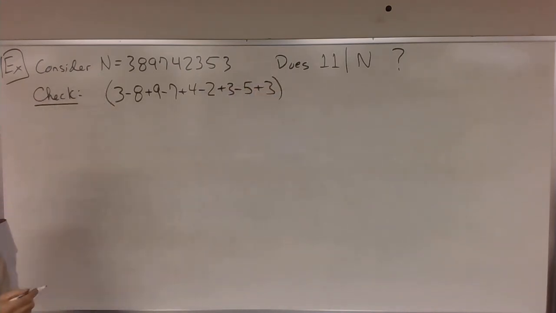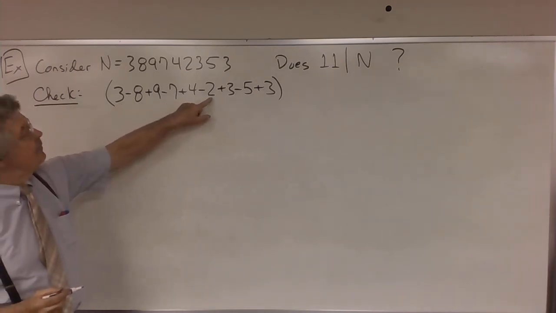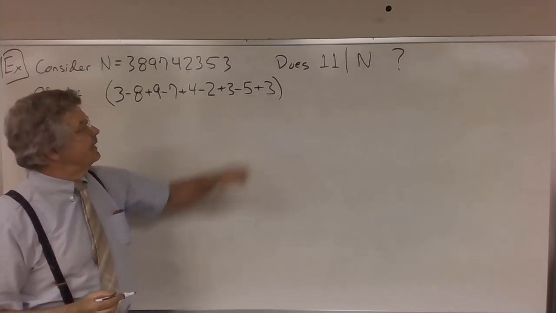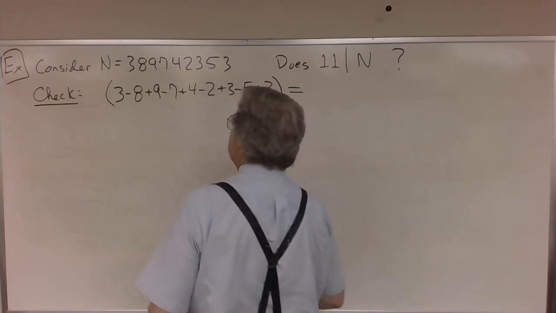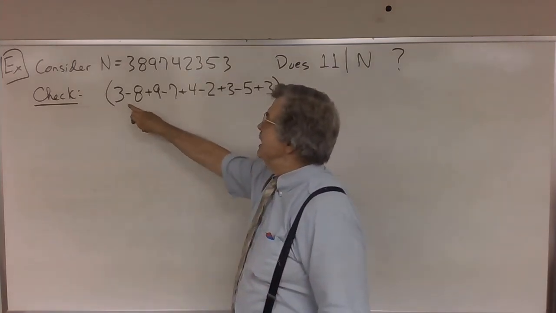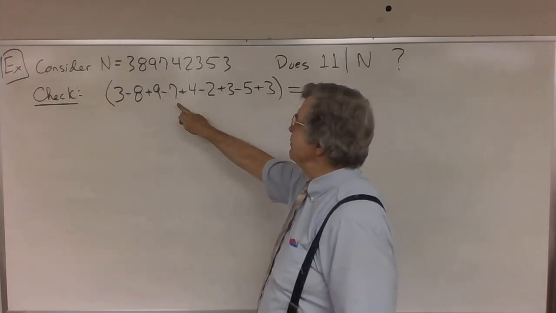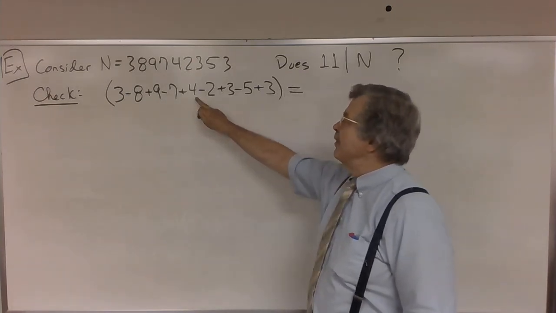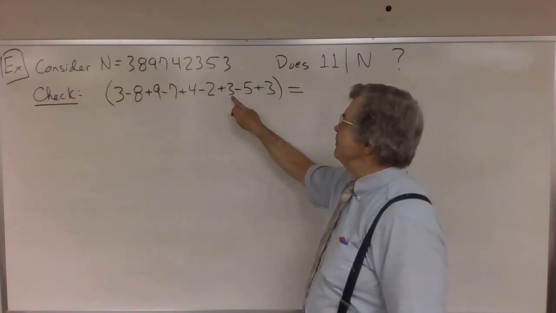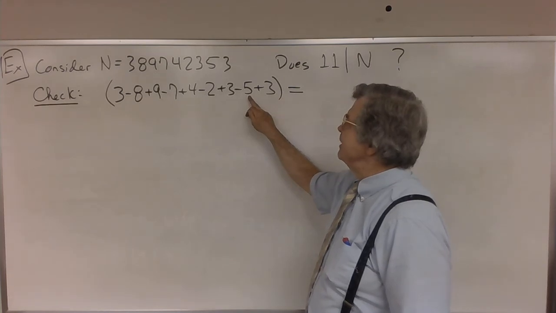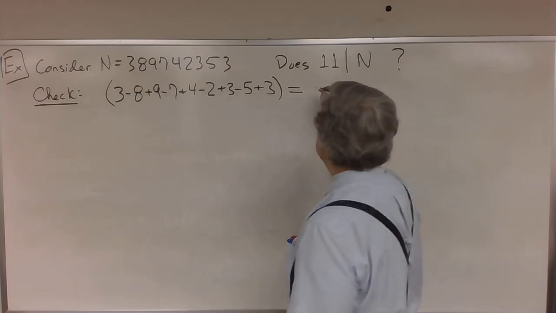Now, let me make sure I did this right. 389, 742, 353. Okay. So 3 minus 8, negative 5, plus 9 is 4, minus 7 is negative 3, plus 4 is 1, minus 2 is negative 1, plus 3 is 2, minus 5 is negative 3, plus 3 is 0.